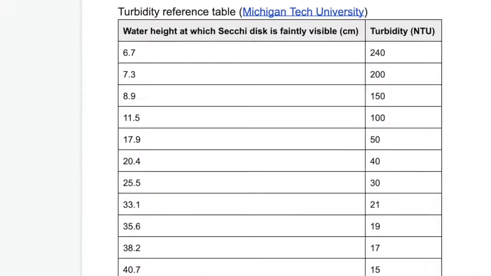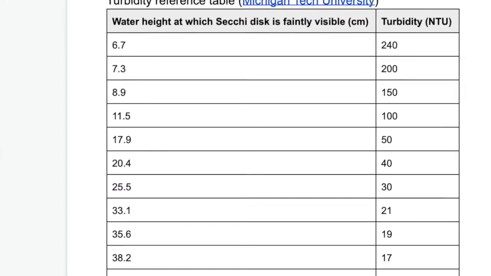So for my turbidity out in the stream, it was completely clear all the way up to that 20 centimeter mark. And so in this case I really don't think I have a good way to assess the clarity of the water by depth.